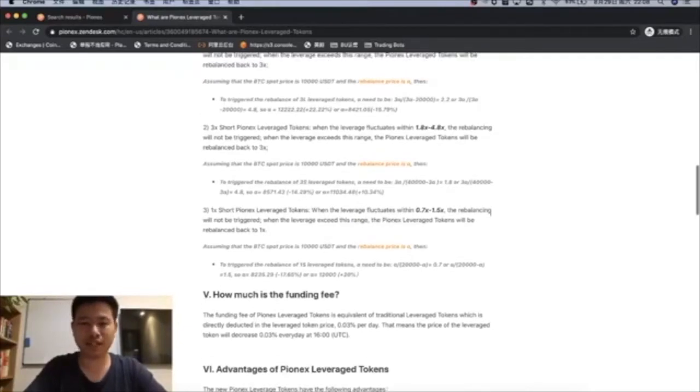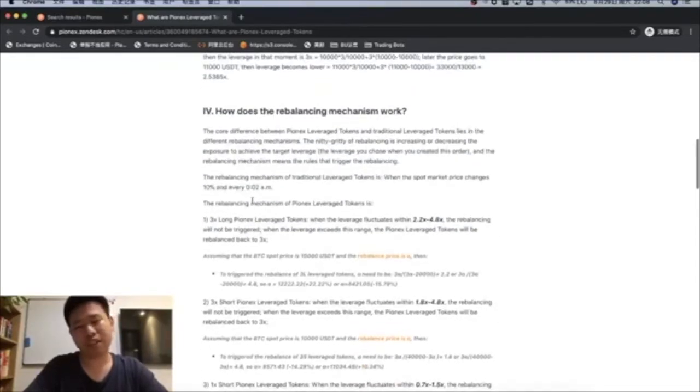The leverage token price is decided by the spot market. Just like I said, when the price goes up 1%, the 3 long will go up 3%, and the 3 short will go down 3%. If you are an experienced trader on Pionex, you may have used the old leverage tokens which were aggregated from Binance, and we call that the first generation of leverage tokens.